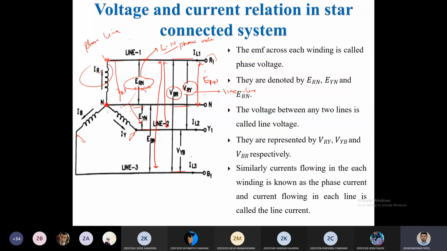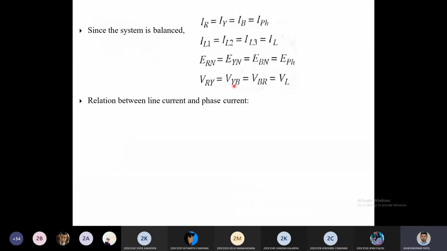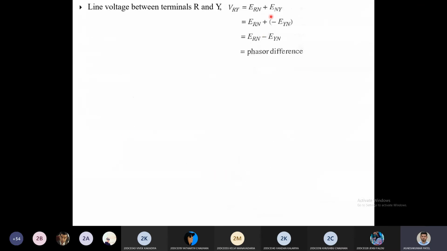If I want to perform a sum between these two points, R to Y, I'm going to do ERN plus ENY. NY is nothing but minus EYN.